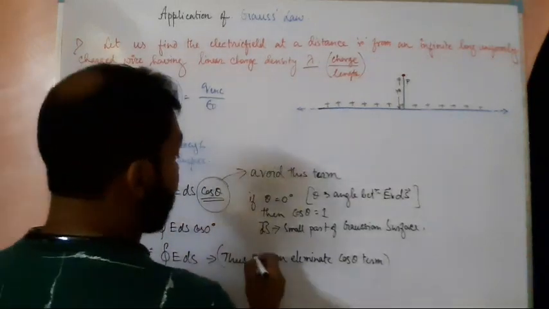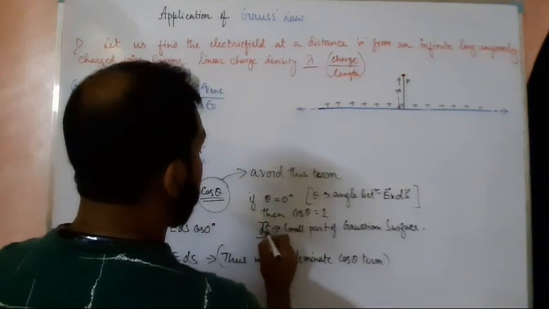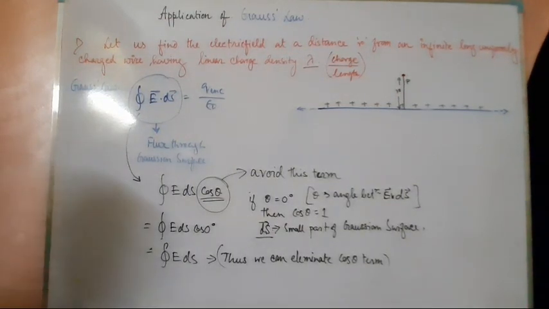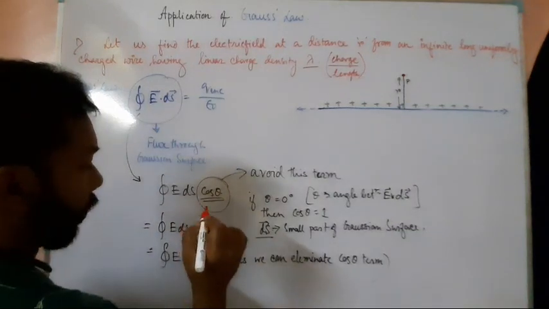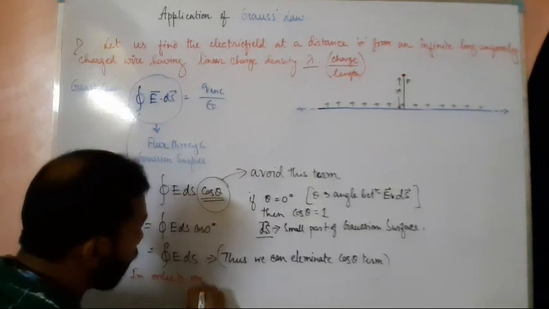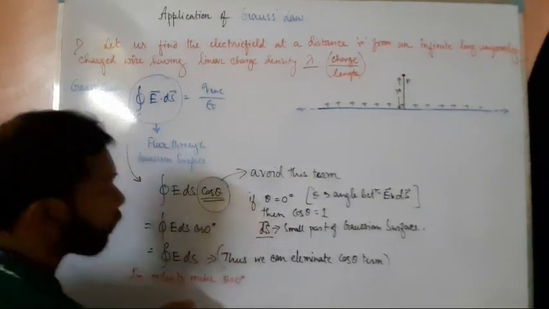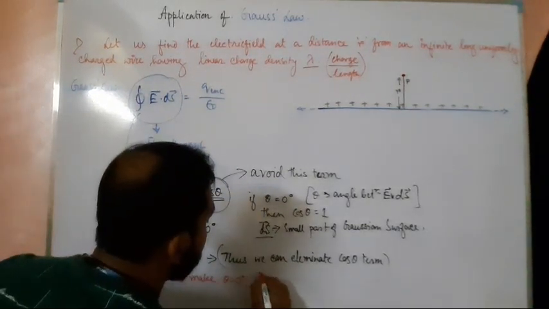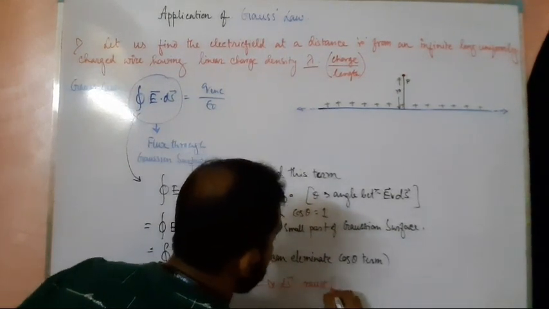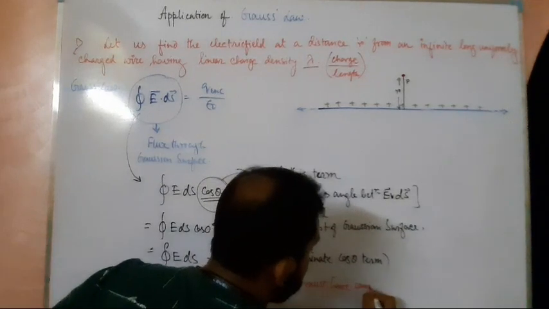So here's the important thing. In order to take theta equal to 0, the most important thing is that E and ds must have the same direction.